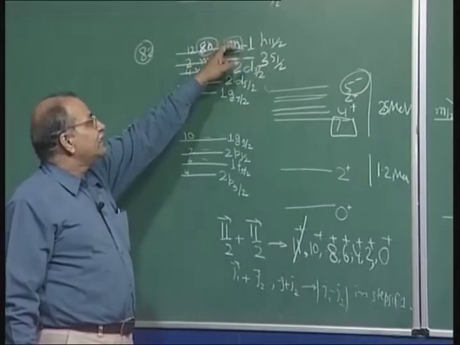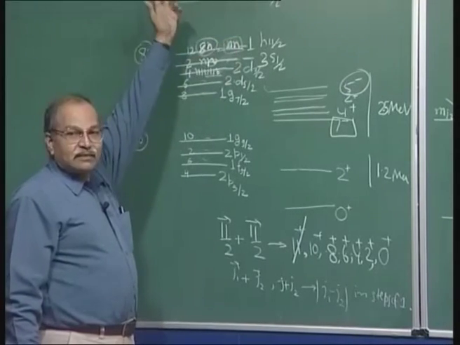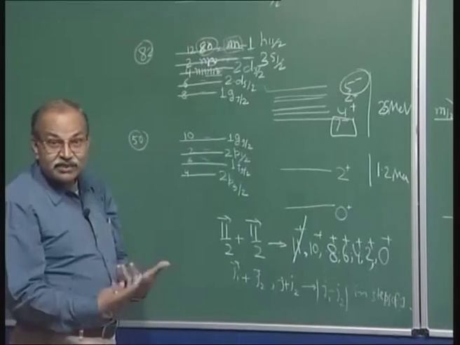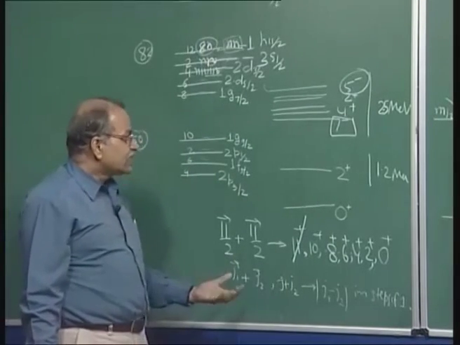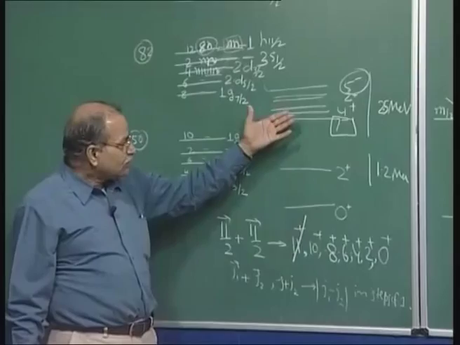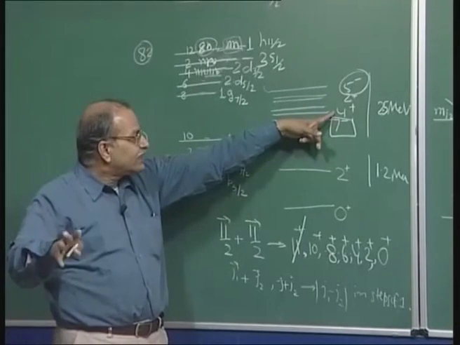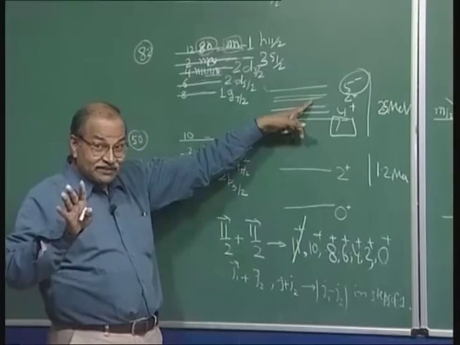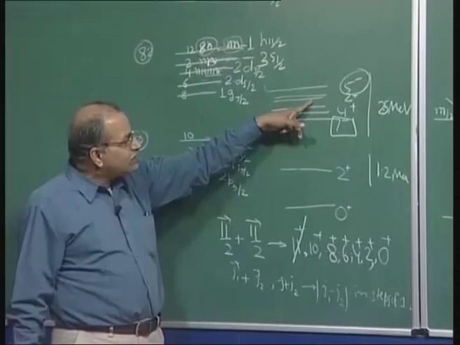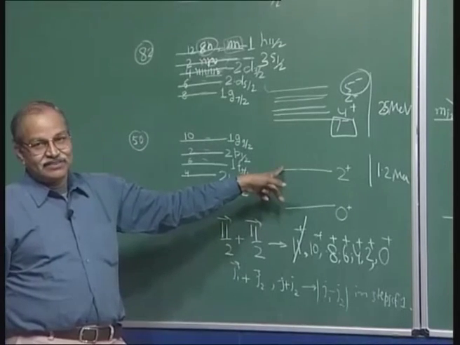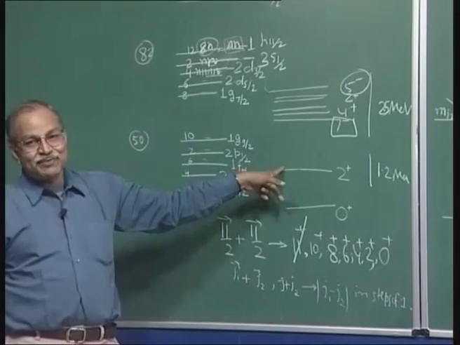We do not take any particle up or down, only recombination of angular momentum in a different final state, and from there I can think that I can get this, for example, this 4 plus probably I can get, this 2 plus probably I can get, but still this 2 plus will be a mystery. Okay. This 2 plus will be a mystery.